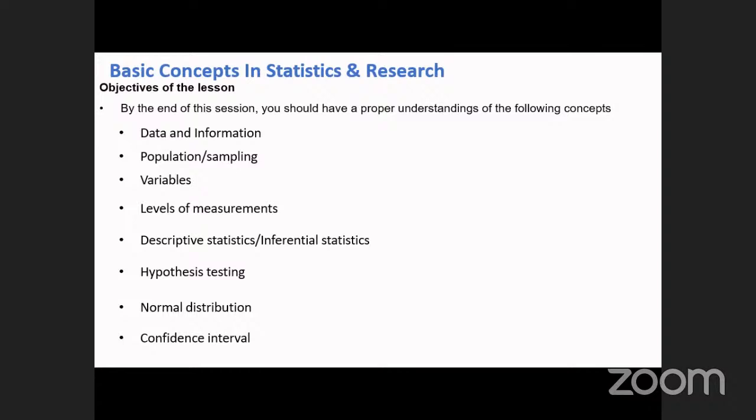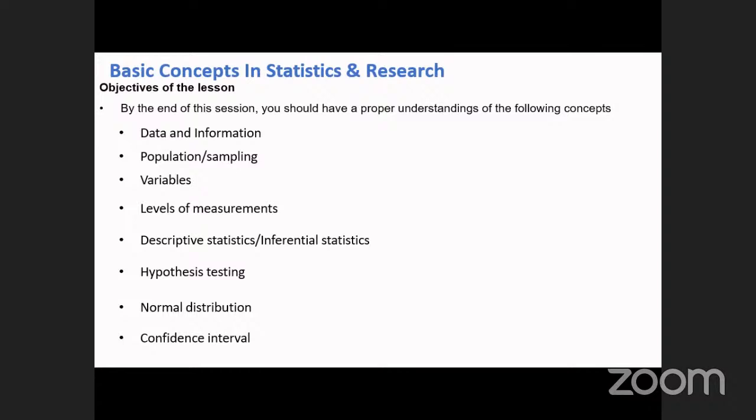Whether you're using a questionnaire, an interview guide, a checklist, or whatsoever, you must ensure that the instrument is valid and reliable. Right? Reliability and validity are critical aspects that you must ensure when you are collecting data.